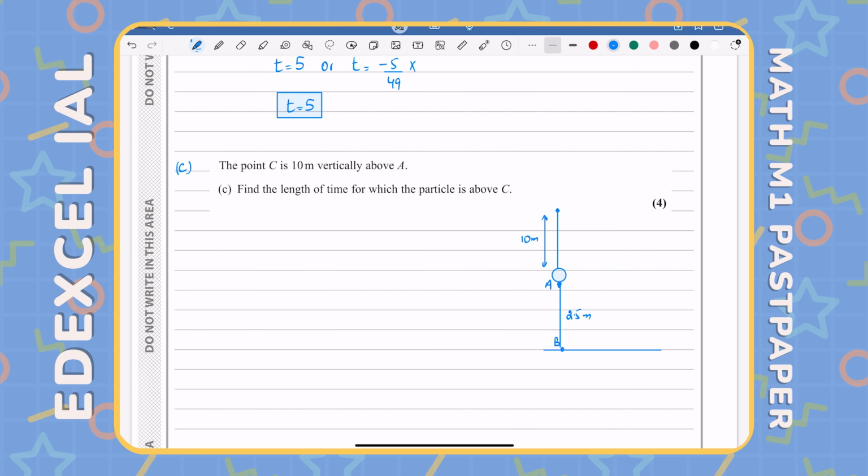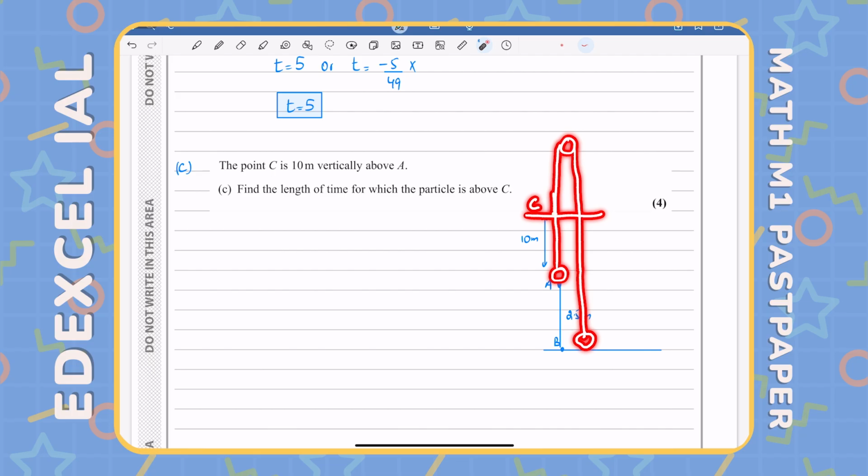Now let's track the motion of the particle. So here's the ball, it's projected vertically upwards, it's going to go up, up, up, it's going to reach its maximum height, and then it's going to come back down and eventually hit the ground. Now notice, this is where point C is at.